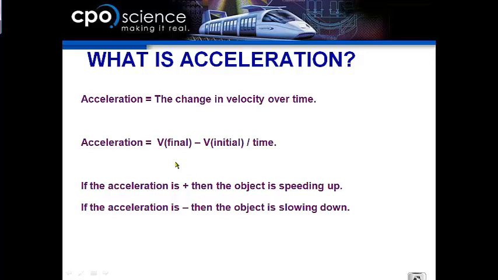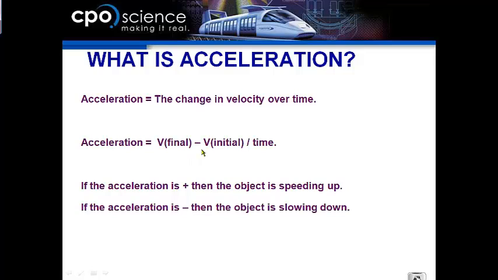So again, when I'm speeding up onto the freeway, let's say my final velocity is 65 miles per hour. My initial velocity is 0 miles per hour because I started at a stop sign. So 65 minus 0 would be 65, and then divide by however long it took me to do that. Let's say it took me 6.5 seconds. That means I'm going 10 miles per hour. I'm accelerating at a rate of 10 miles per hour.